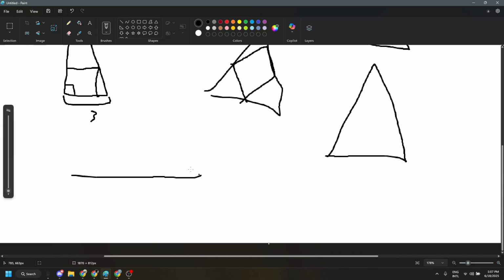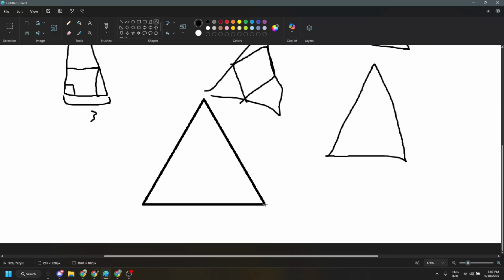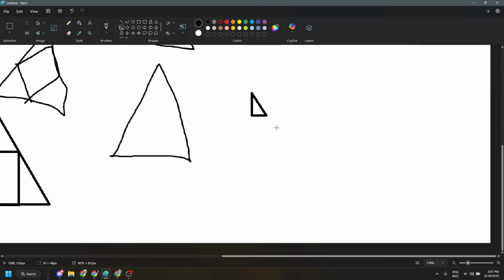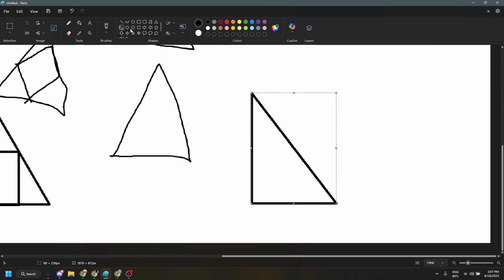Let's do a better representation. Okay, there we go. So this is a 30, 60, 90 triangle.